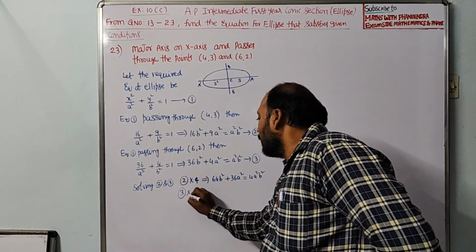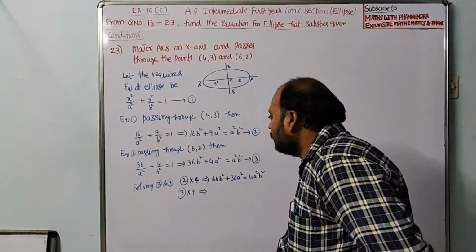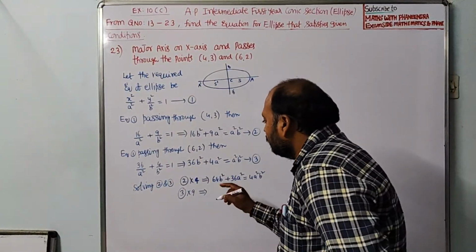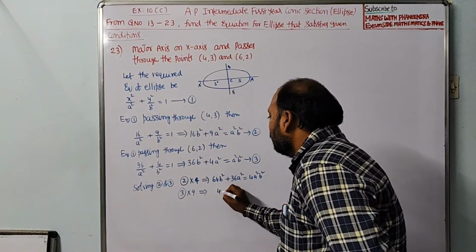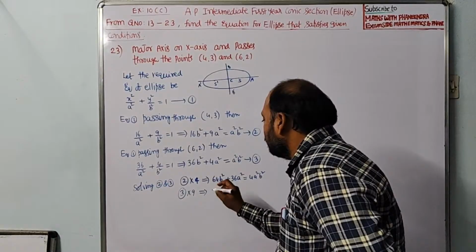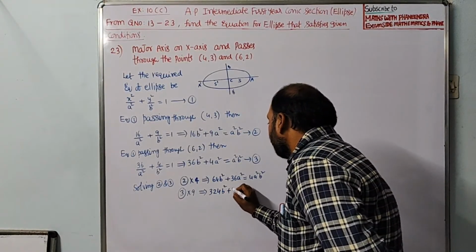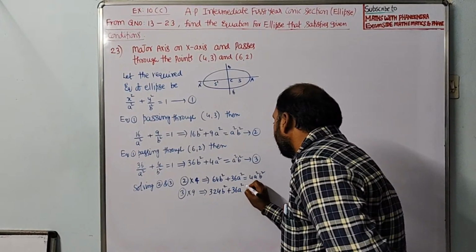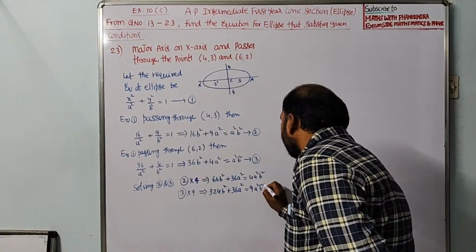Equation 3 into 9: 9 sixes are 54, 9 threes are 324b square plus 9 fours are 36a square is equal to 9a square b square.